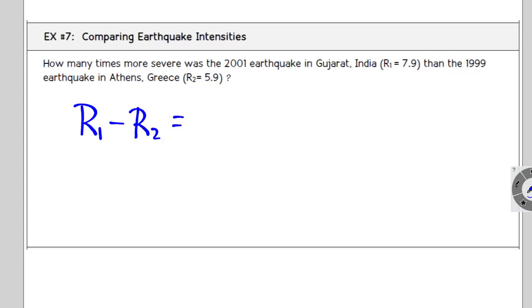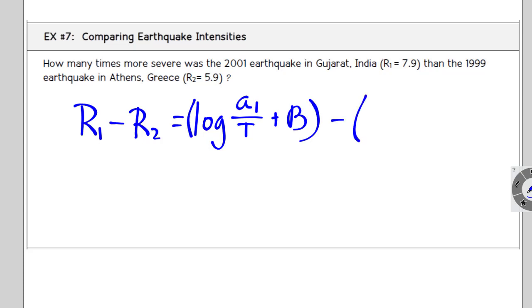Remember we saw our formula for the Richter scale. So for R1, we're going to have log of A1 over T plus B, minus log of A2 over T plus B. We'll assume that the T and B values for the earthquakes were the same.